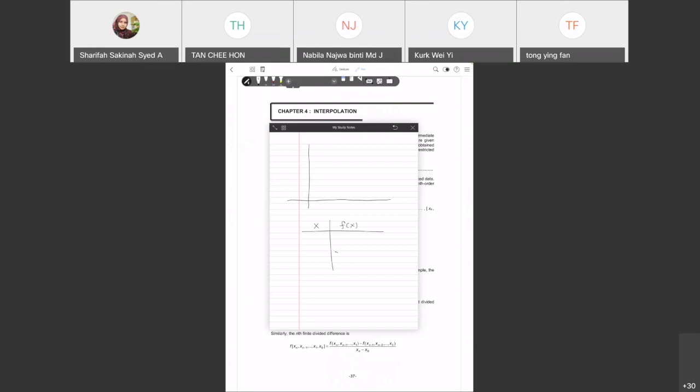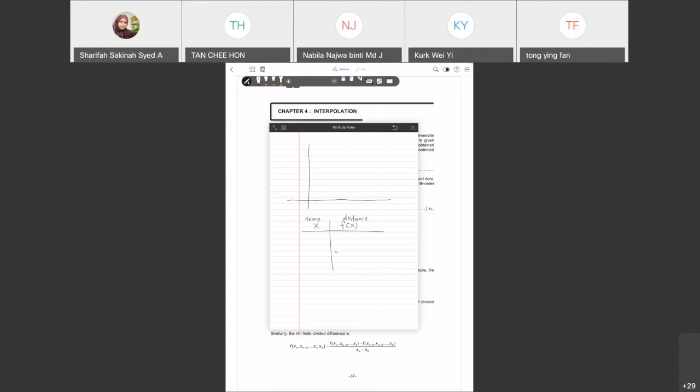For example, when you do your experiment in science, you collect your data. For example, X is temperature, F here is the distance. For example, in a physics or chemistry experiment. This is just an example.